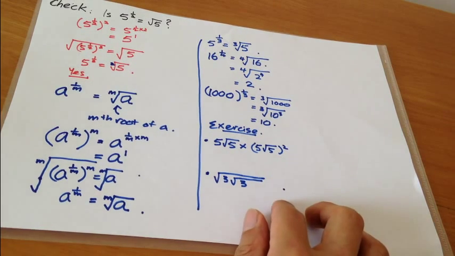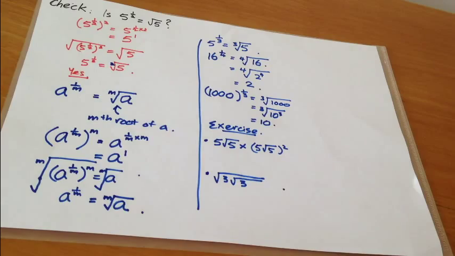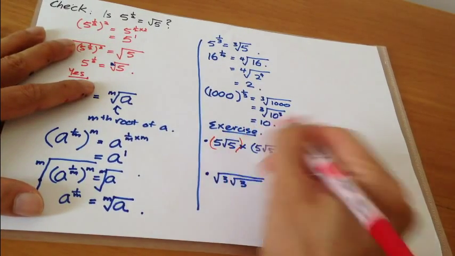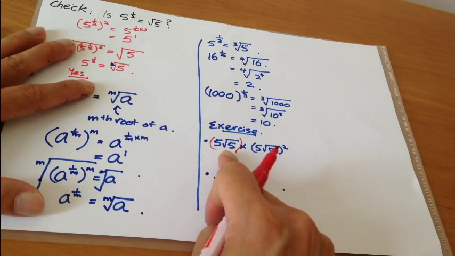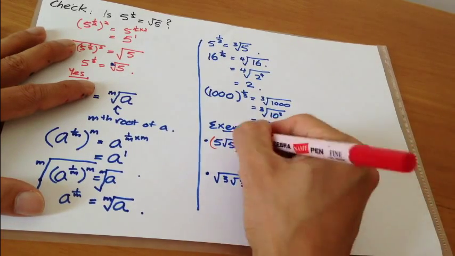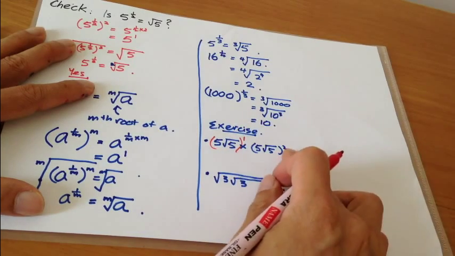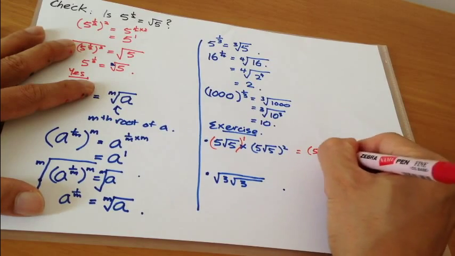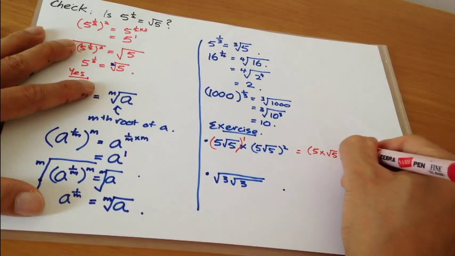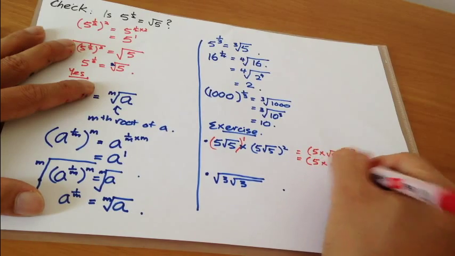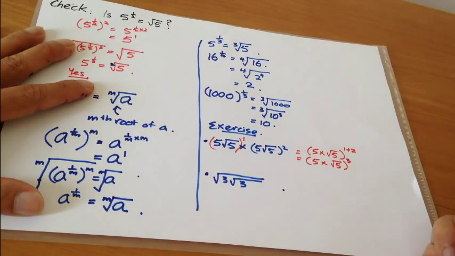How do I solve question number 1? Well, question number 1 can be solved this way. Actually, this is just 5 square root of 5 and 5 square root of 5. So this is power of 1, this is power of 2. That means just 5 times square root of 5, 1 plus 2, or 5 times square root of 5 to the power of 3.